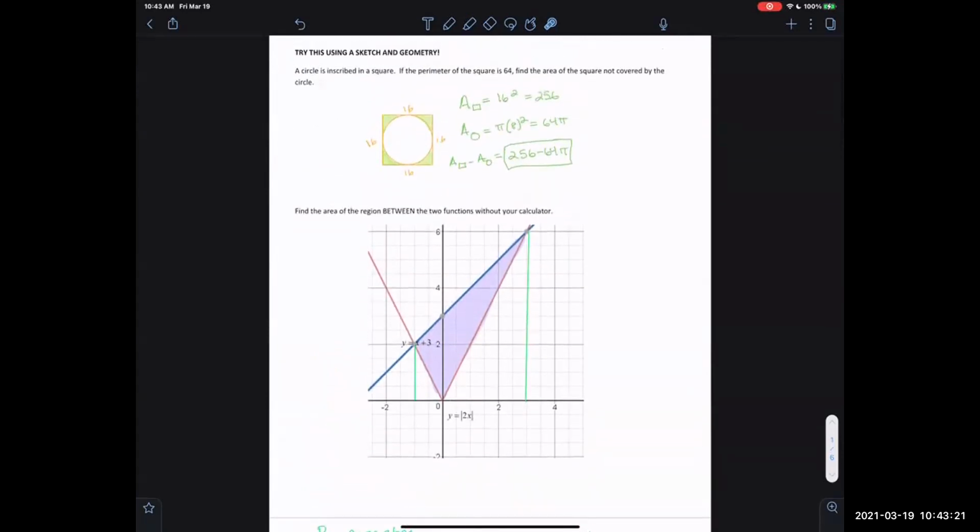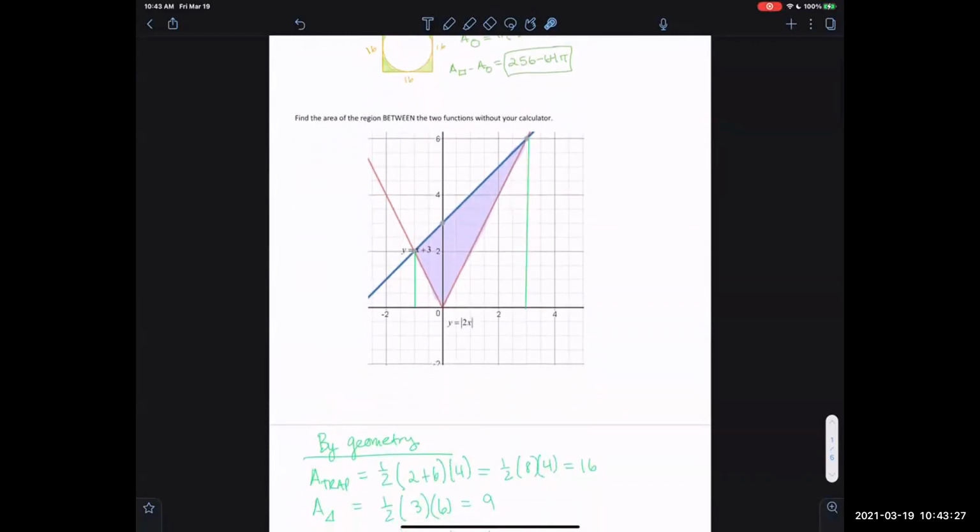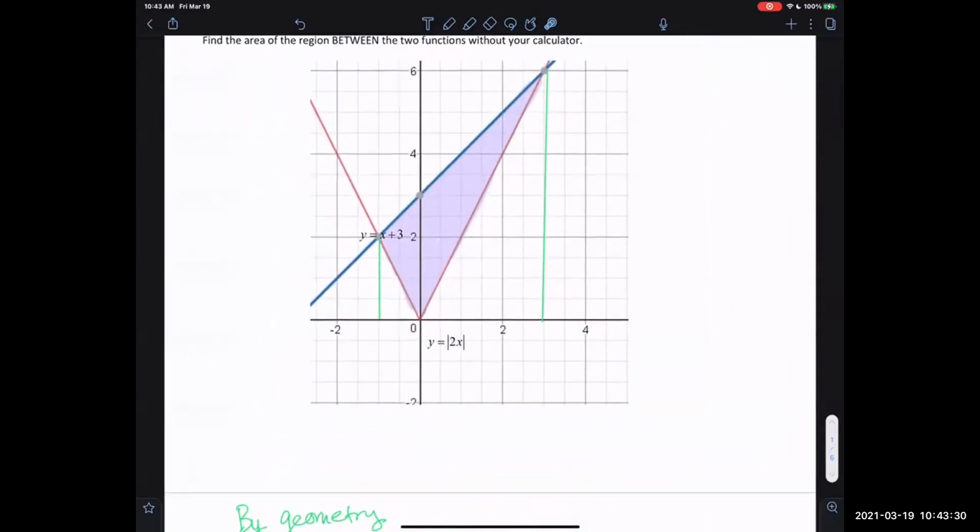Next, without our calculator, if we're going to break this up into integrals, let's think through this.